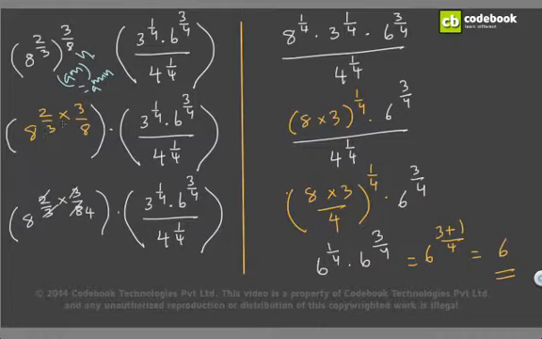And simplifying this expression, 2 ones are 2, 4 twos are 8, and 3 cancels out. So you will end up with 8 power 1 by 4, and you multiply that with the numerator, you have 8 power 1 by 4 times 3 power 1 by 4 times 6 power 3 by 4 by 4 power 1 by 4. So now you have collapsed the two terms into one term.